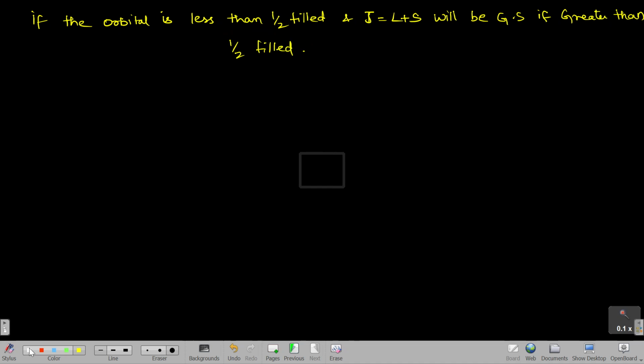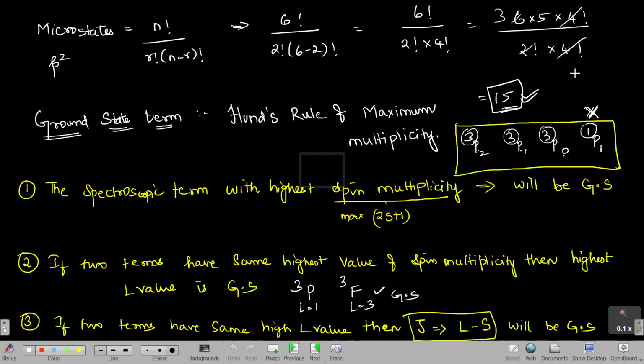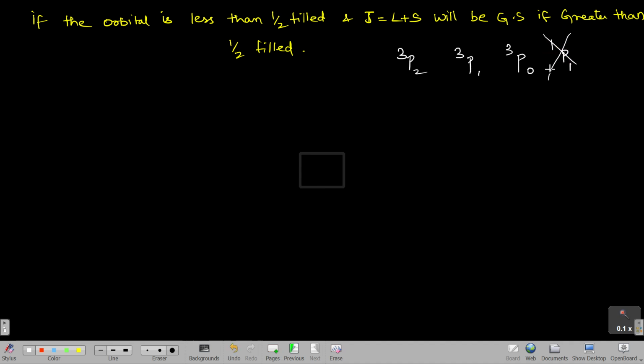So now you apply this and see. You had three terms, right? Triplet P2, triplet P1, triplet P0, and then singlet P1. Right? Basically this is out. So among these three we need to decide, but here if you see all three have the same S value and same L value. Now what you do is you find out the J value.